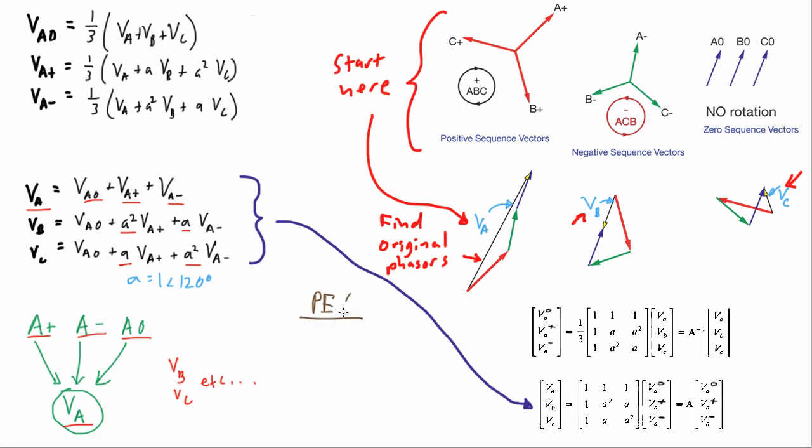So a PE question dealing with symmetrical components, especially on the math side of things, can use this information in different ways. It can supply you with various populating givens of the variables that we have demonstrated here, so that it can give you a component phasor, or it can give you one of the original unbalanced phasors, or any number of the ways.